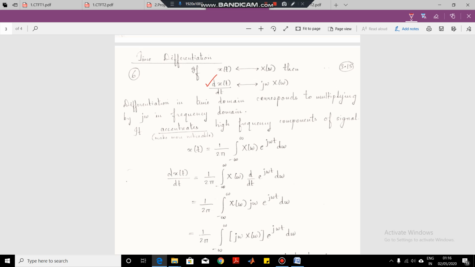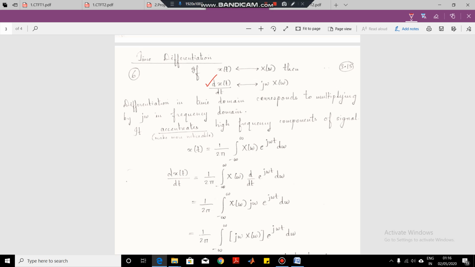The meaning is that it actually accentuates the high frequency components of the signal. That is, when you take the derivative of a signal in the time domain, the high frequency components of the signal become more noticeable. Okay, this is the meaning, and the reverse is also true.